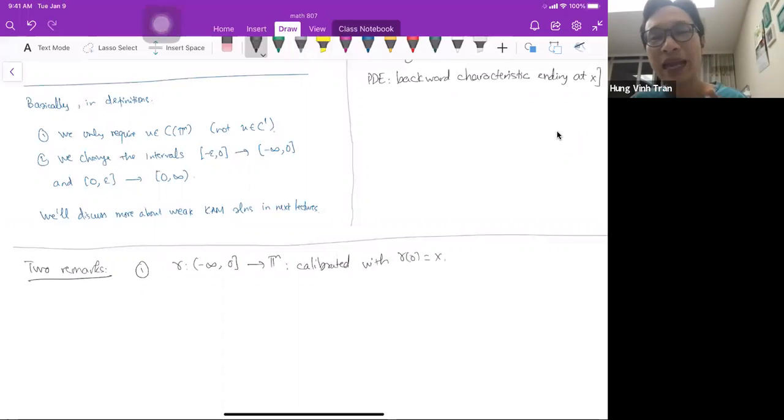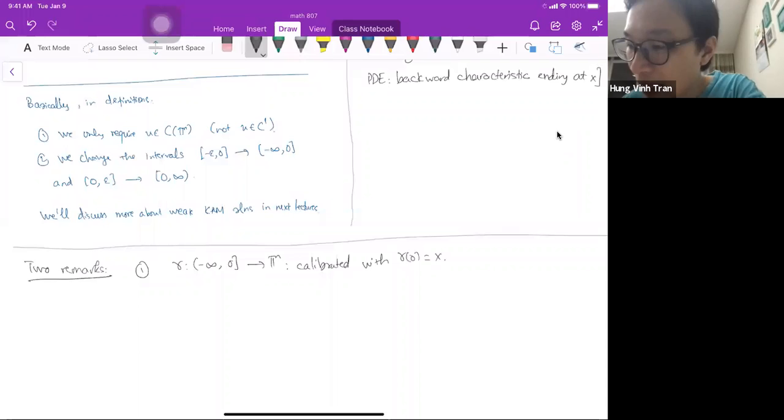So far we haven't talked about the modern dynamical viewpoint. We've just been talking about minimizers from a finite interval to the torus, and we have done a lot of preparations, but not yet anything about deep dynamical properties.